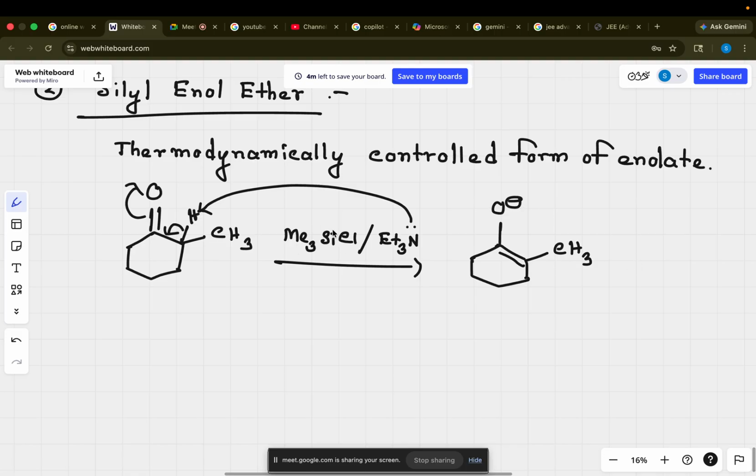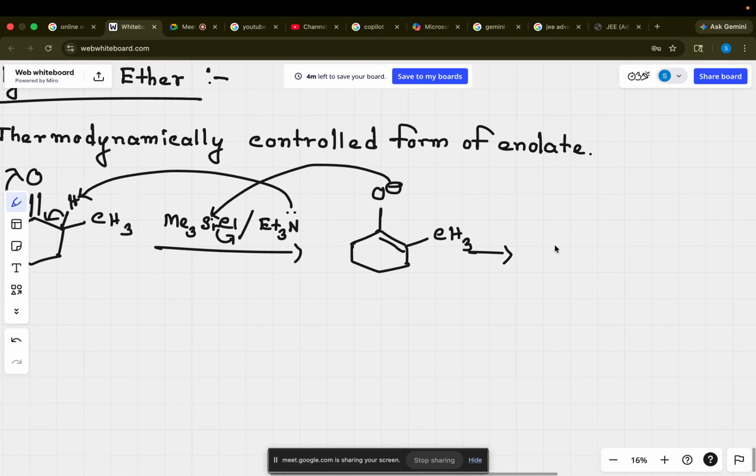Next, you have Me3SiCl, so O minus will attack on the silicon center, and chlorine will leave from here, right? So what you are getting is a double bond, here you have CH3, and here you are getting OSiMe3. Up to this clear?